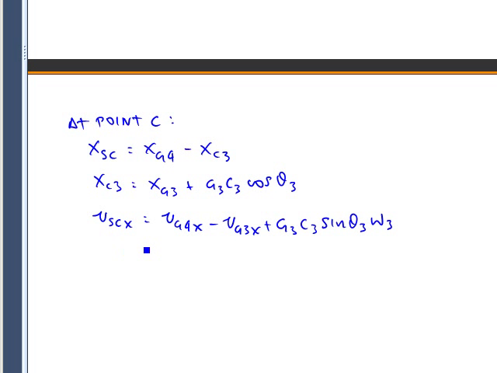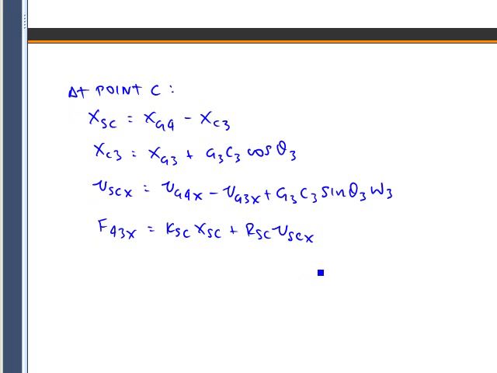Okay, so now I've skipped a couple of steps compared to when I just started out. But now we can write that F43x is going to be KSC XSC plus RSC VSCX. That's for the horizontal. Now for the vertical, the y stretch of the stiff spring at C is simply going to be YC3.